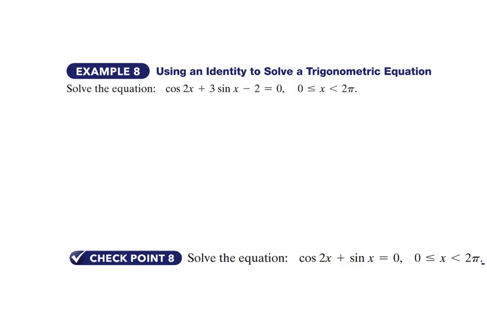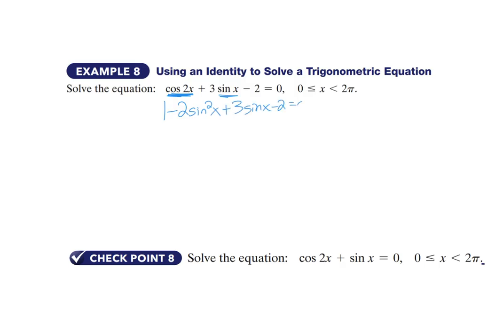Example 8, we're going to use another identity. This time we have a cosine of 2x and a sine of x. Remember there are 3 different options for cosine of 2x. I'm going to use the one that has sine squared of x because then I will have another quadratic.